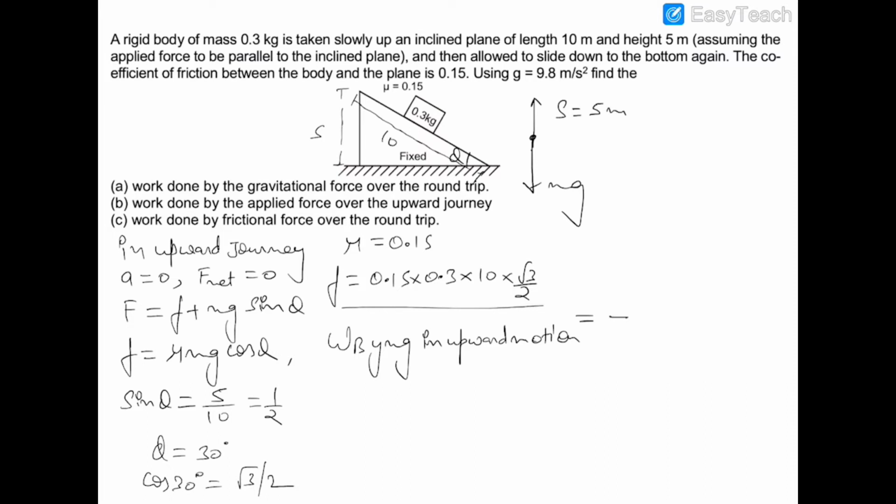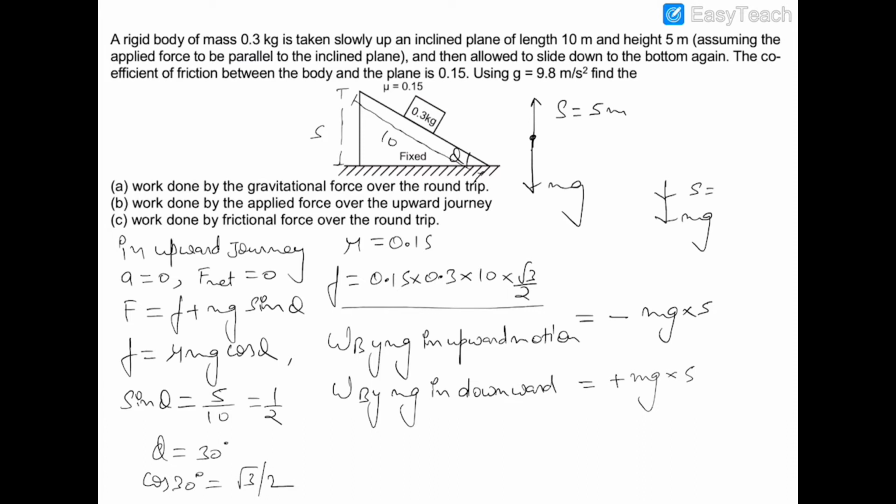So the work done will be minus mg into 5, and work done by mg in downward motion will be plus mg into 5, because in downward motion mg will be acting in downward direction, as well as the displacement will be in the downward direction. So net work done by mg in round trip will be 0. So this is the answer of option number A.